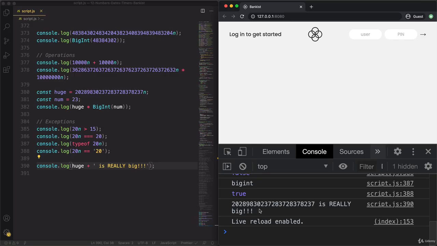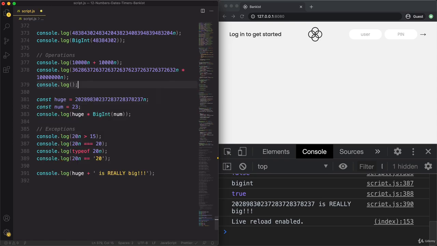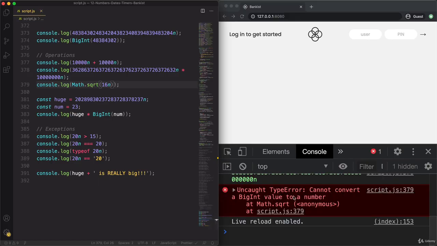Okay. Now, one other thing that I didn't tell you up here is that the math operations that we talked about earlier are not going to work here. For example, we cannot take the square root like this, Math.sqrt of 16n. All right, so that doesn't work.